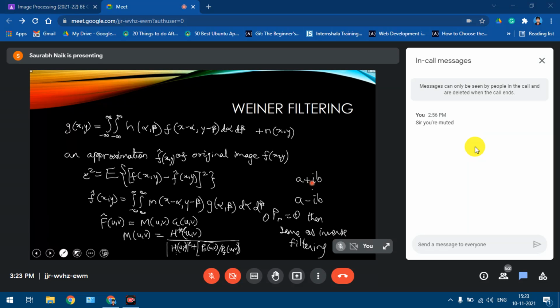Okay, so it is usually used with complex numbers. If I have a plus ib as my complex number, its complex conjugate would basically be a minus ib. So that is what is used over here.